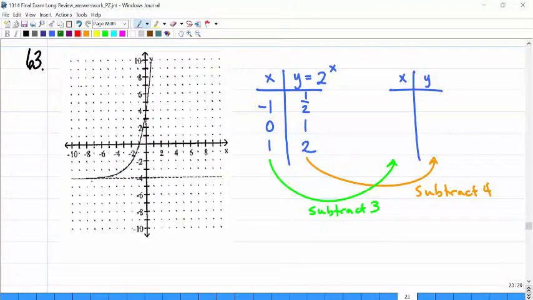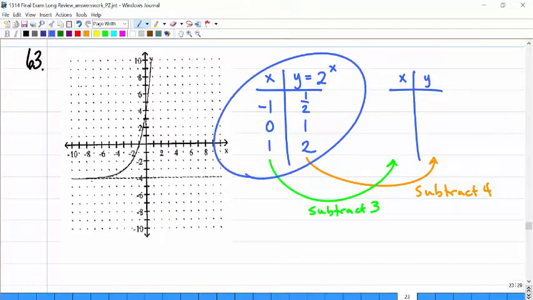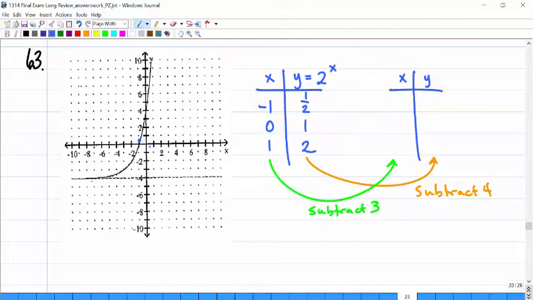Sorry, let's do that again. I'm going to start out with the parent function points -1, 1/2, 0, 1, and 1, 2.